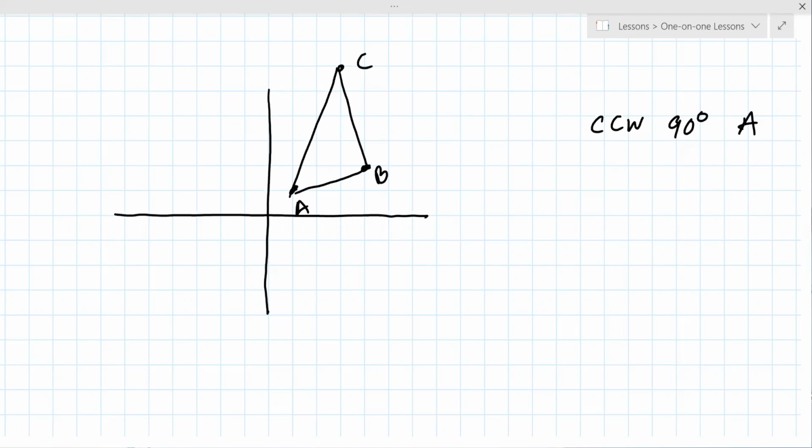I will let you know how this goes. All right, I got the triangle drawn.